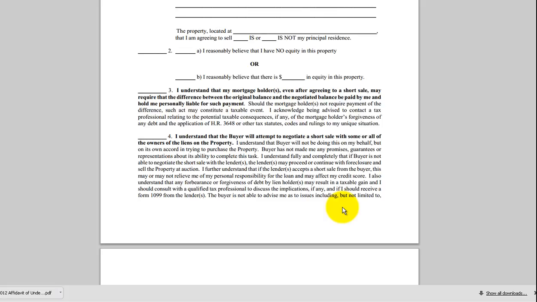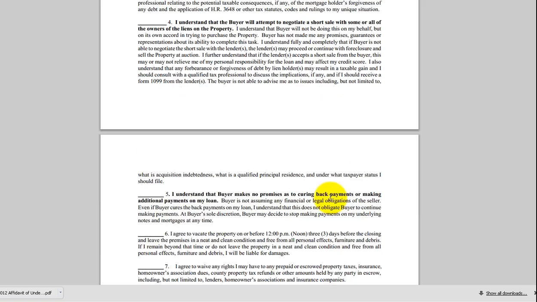But notwithstanding how that's going to play out, because we cannot guarantee anything that might happen in the future, the seller needs to initial this paragraph. They understand that the buyer will attempt to negotiate a short sale with some or all of the owners of the liens on the property. Okay, and that's why it's a short sale.